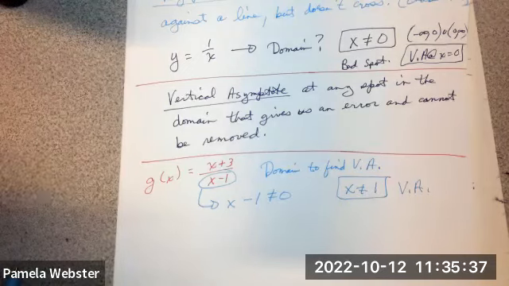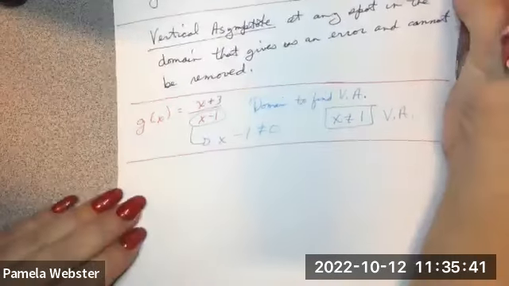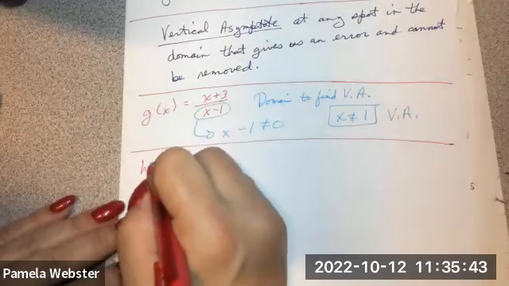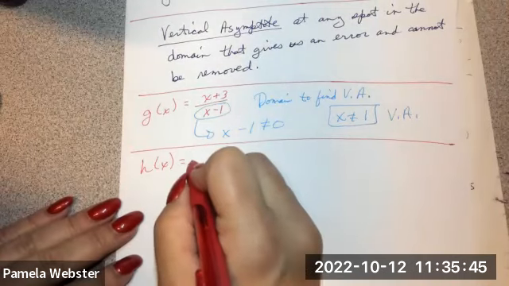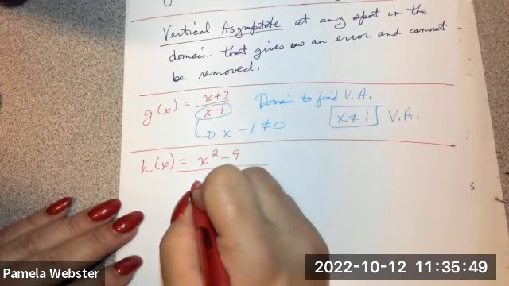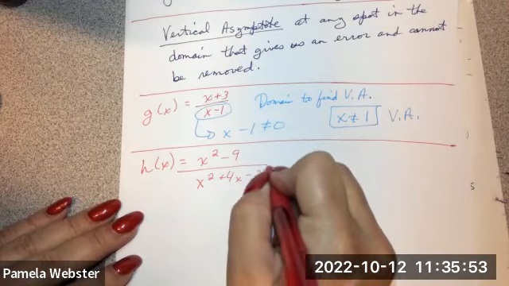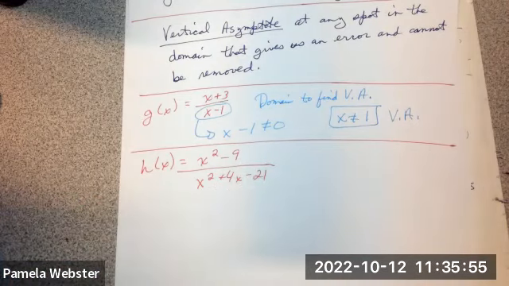The problem comes in with examples like what I'm about to show you. Let's call this h of x, and he's going to be x squared minus 9 on top, and on bottom, x squared plus 4x minus 21. Hopefully we are feeling really confident with our factoring skills, right?